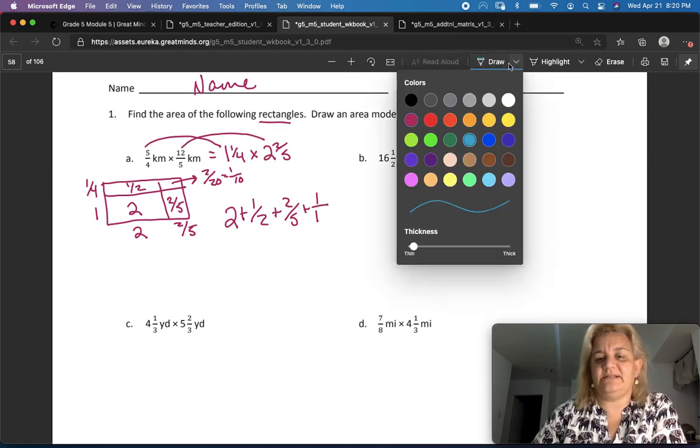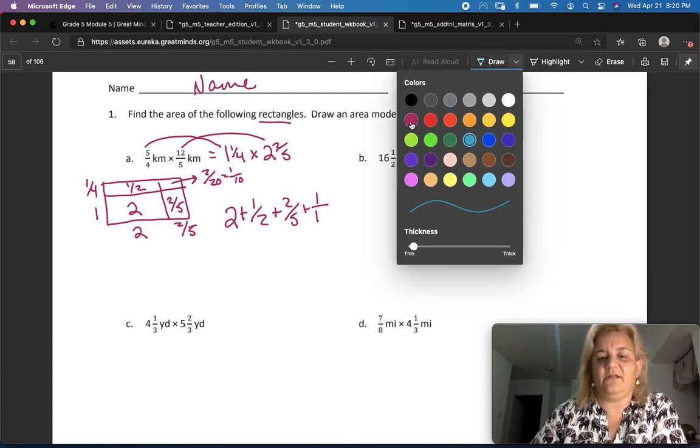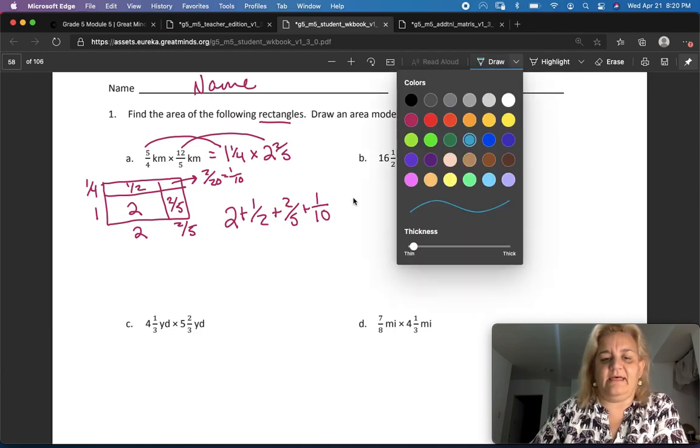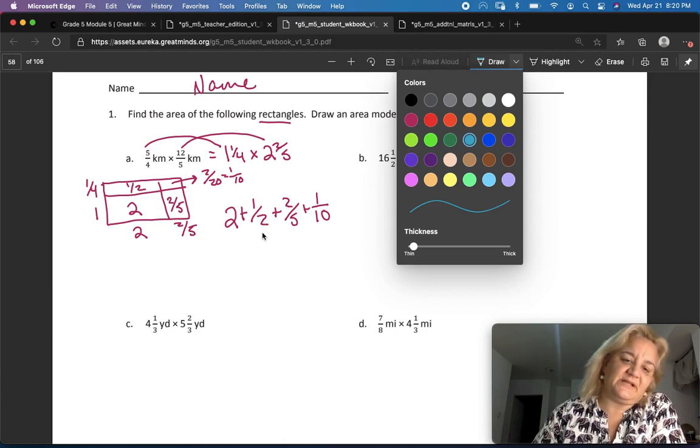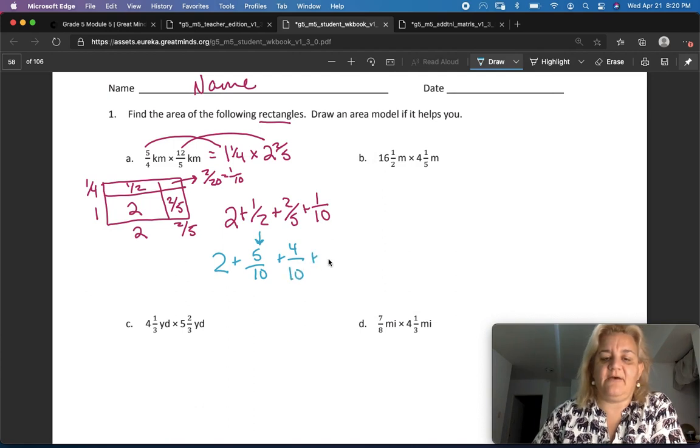Now I just have to make sure that I have common denominators for all of my numbers so that I can add them easily. And I'm going to use 10 as my common denominator. So this fraction is going to turn into 5/10. This one will be 4/10. And that one is 1/10.